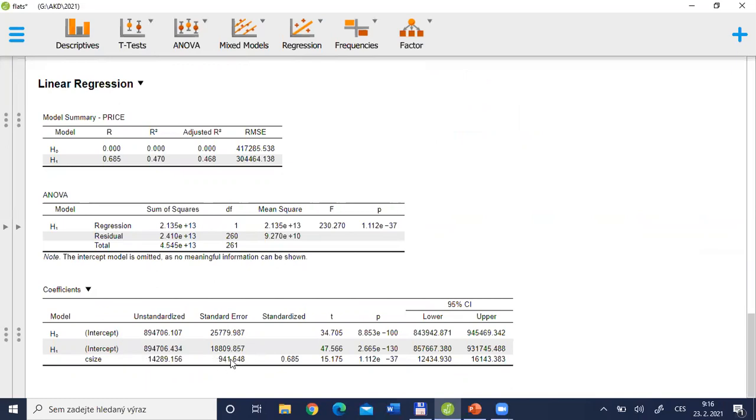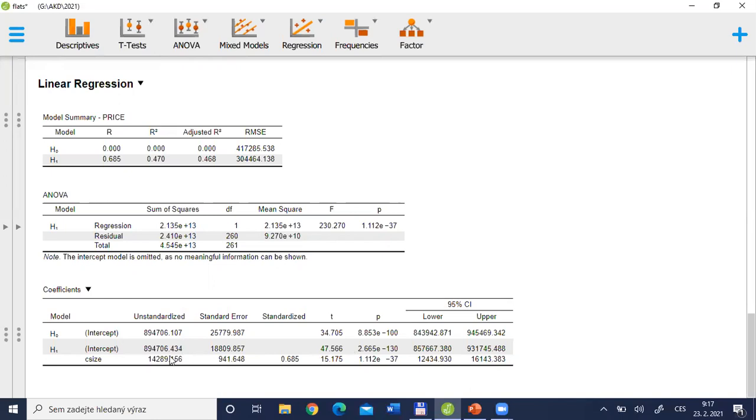The classical formula for the confidence interval is that you take your value for the sample and add and subtract 2 times the standard error, and you get the 95% confidence interval. So this value plus minus 2 times 942 would give me such results.